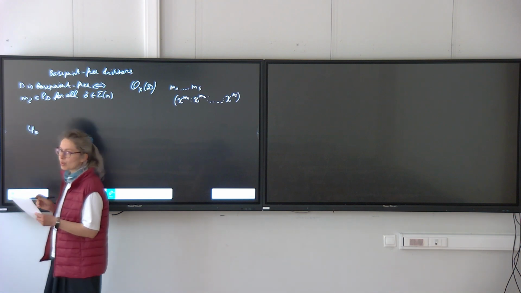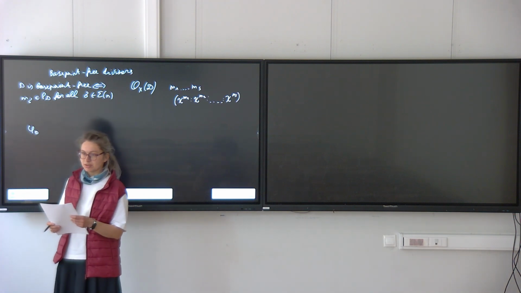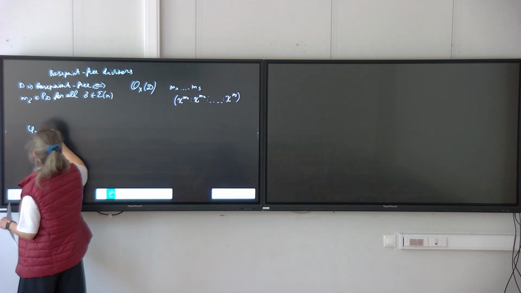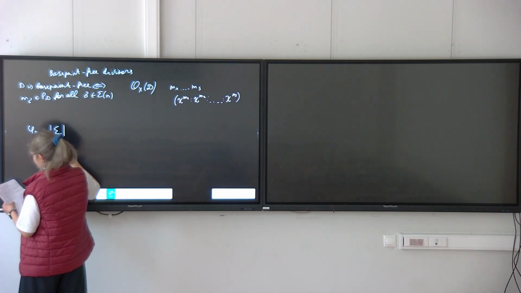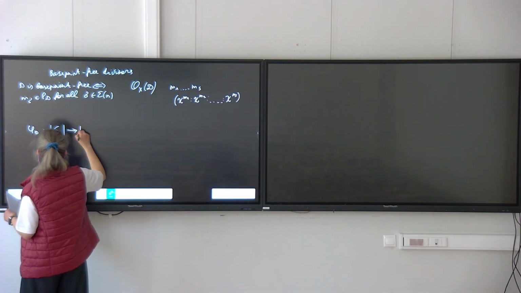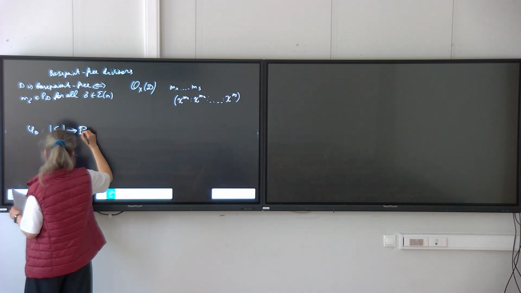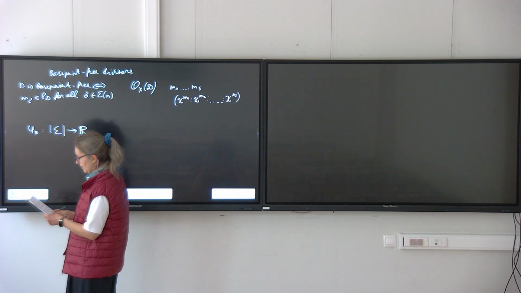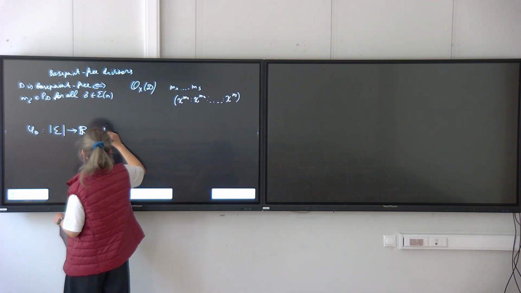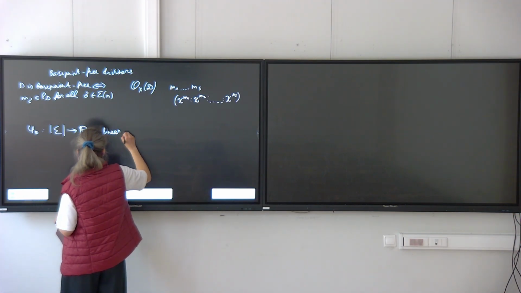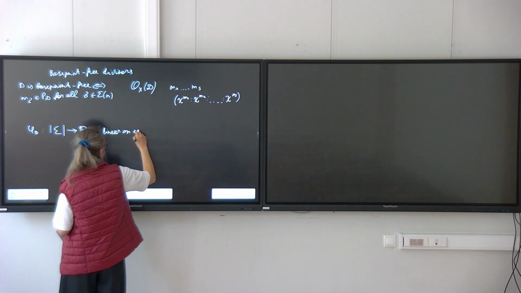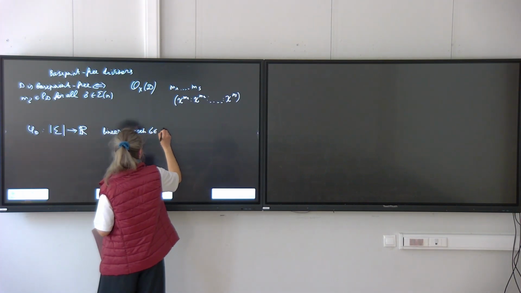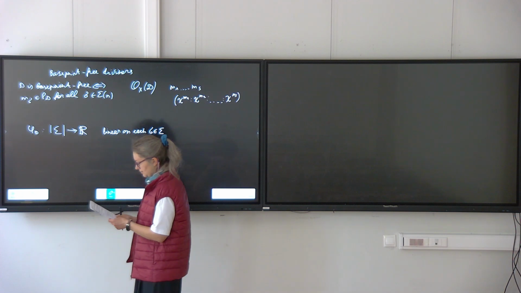It was a piecewise linear function. It was a function from our fan to real numbers, or maybe to Q, it doesn't matter, which was linear on each cone sigma.